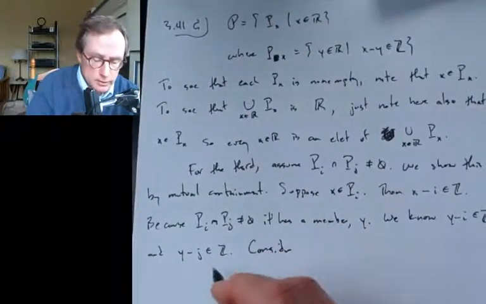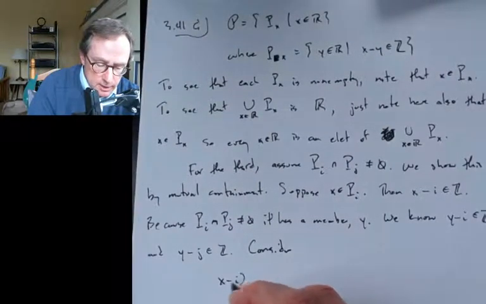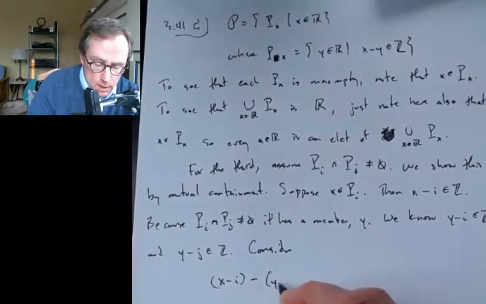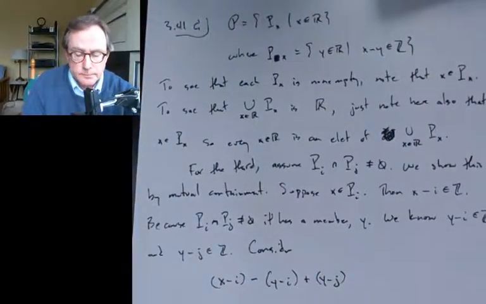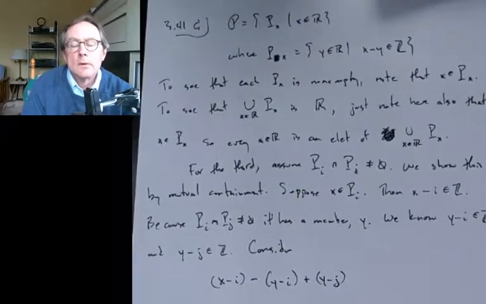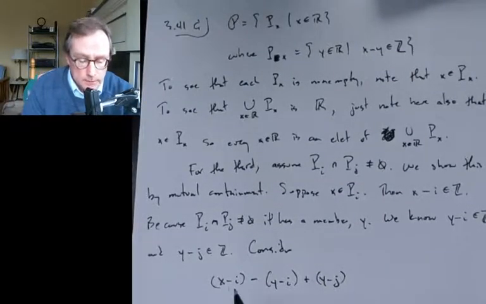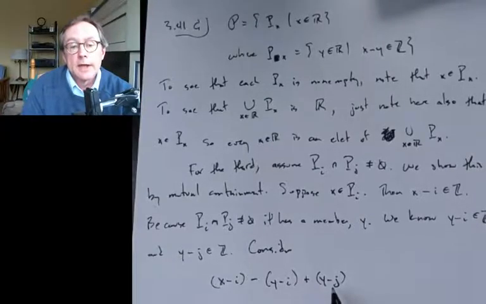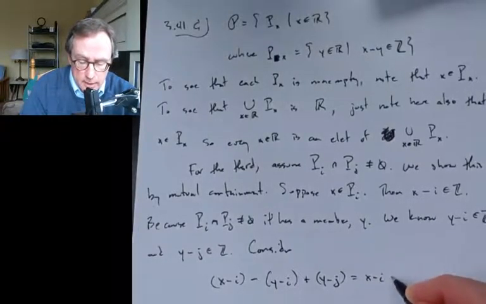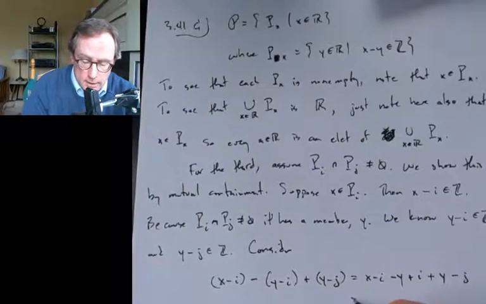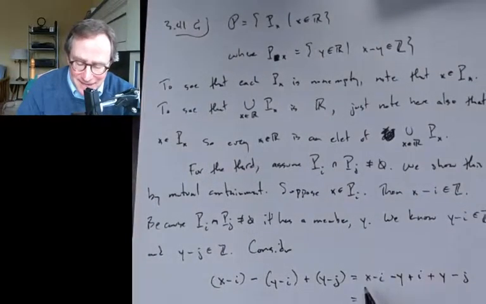So consider, enough room on the board? Yes, enough room. x minus i, take away y minus i, add y minus j. Clearly it's an integer because it's adding and subtracting integers. But when you do the cancellation, that's x minus i minus y plus i plus y minus j. And I think, if I did it right, that's x minus j.